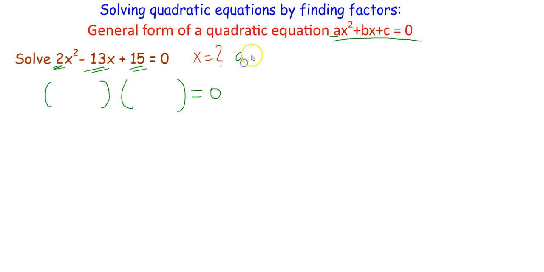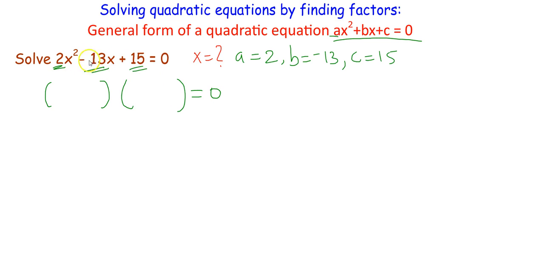Let me write here a is equal to 2, b is equal to negative 13 and c is equal to 15. So you compared with the general form of a quadratic equation, and those are the things you got.